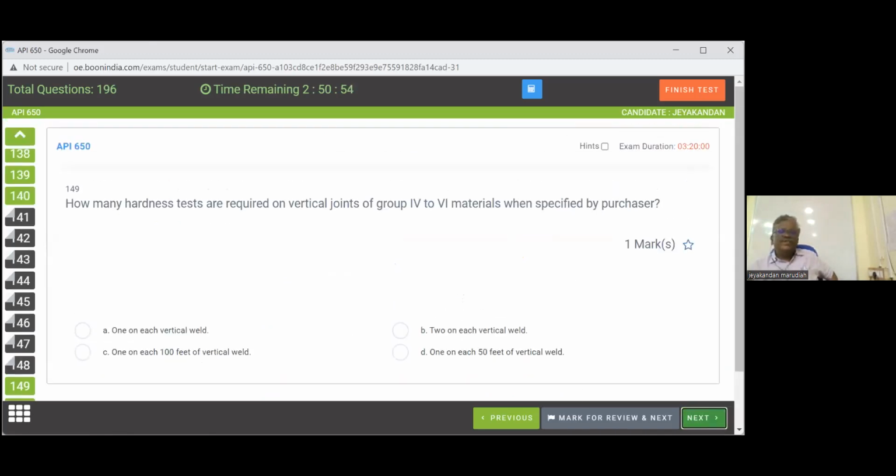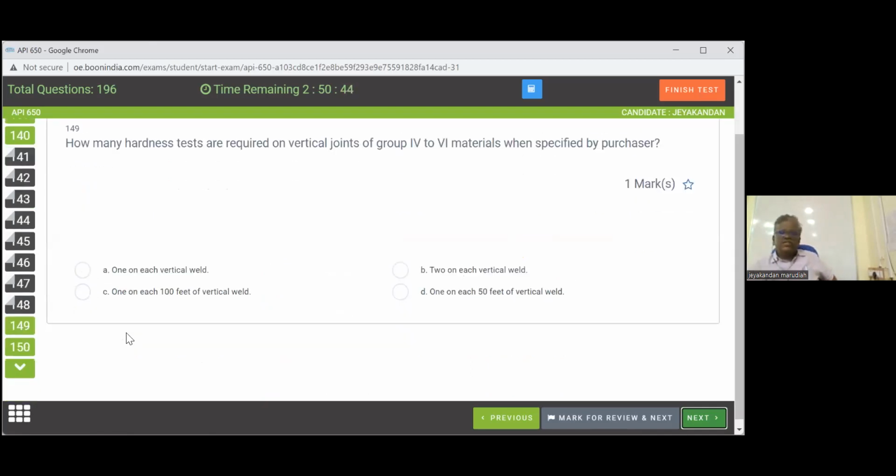How many hardness tests are required on vertical welds? One on each vertical weld, correct? Two on each vertical, one on each 100 feet. No. So the answer is A. One on each vertical weld. Important is you should be able to locate where it is given.